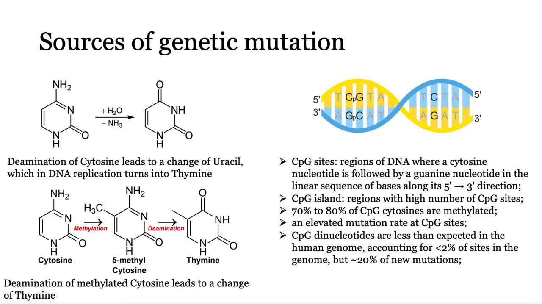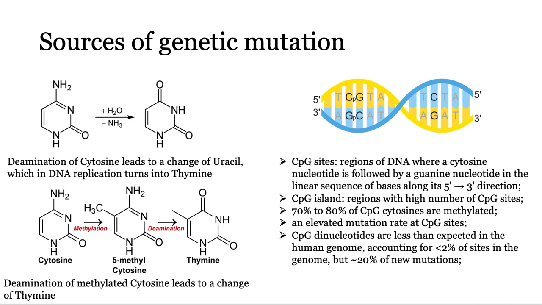And the cytosine C in those CpG islands is usually methylated. About 70 to 80% of those Cs in CpG islands are methylated. So it creates a lot of opportunity for deamination to happen. And that's why CpG sites have a higher mutation rate compared to other places.